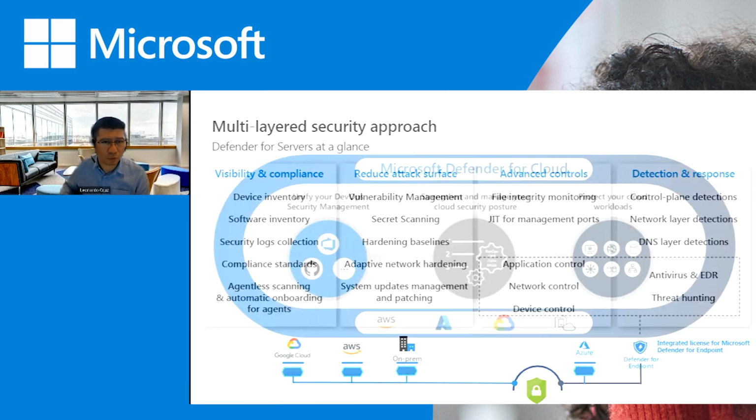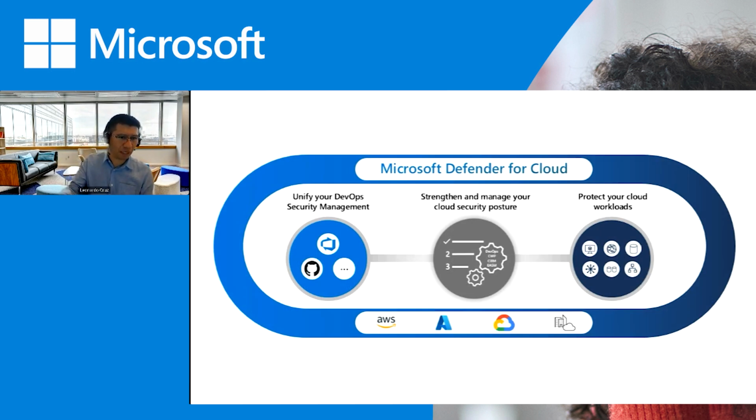And based on that, one of the solutions that we have in Microsoft is what we call Defender for Cloud. Okay, so Defender for Cloud is a variety of tools. It's not a single tool. There are many that are part of this Defender for Cloud offer.